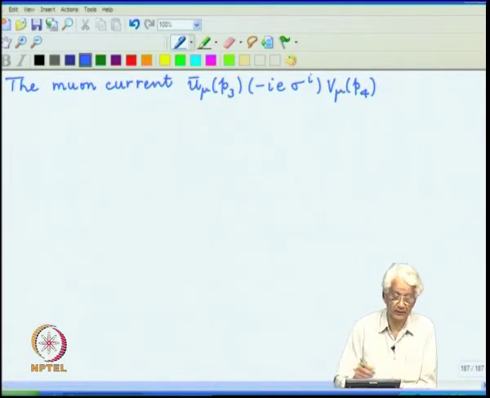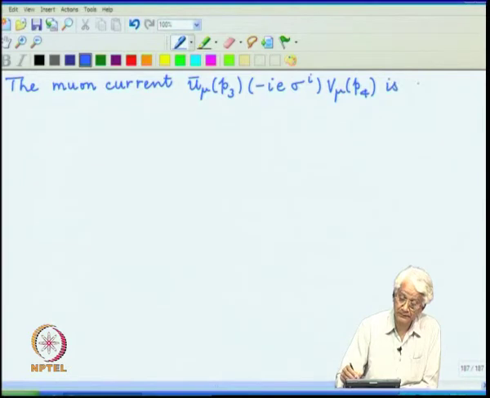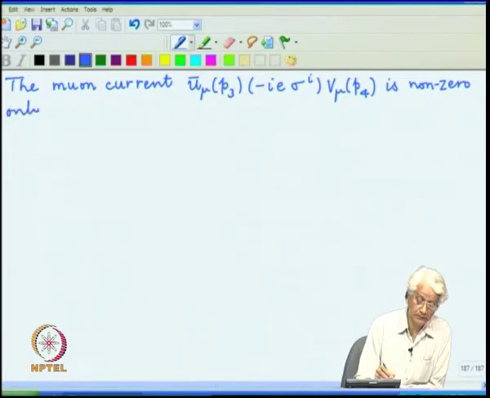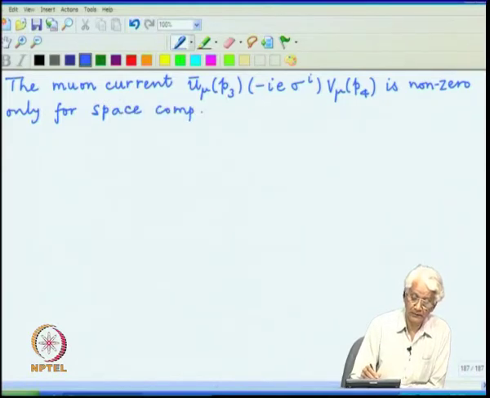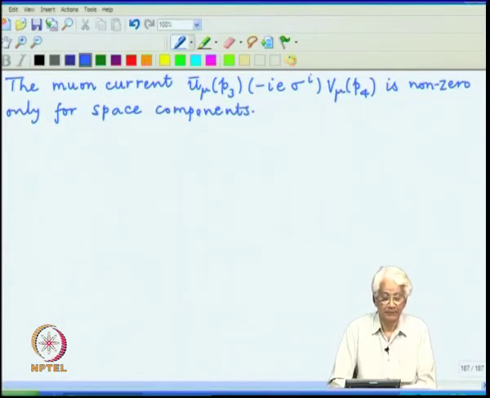This has only non-zero contribution from the space components, which involve the spin, the result being that u and v are the upper and the lower components of the spinors, and the matrix gamma 0 couples only the diagonal parts. So, it cannot couple this off-diagonal u to v connection.